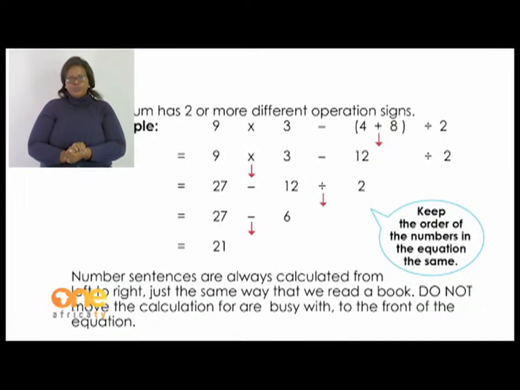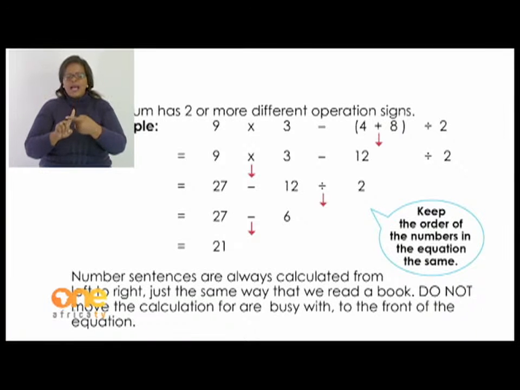So what is the first operation that we'll do? According to BODMAS, we first find whether in the sum there are brackets. So the first operation we will do will be the operation in brackets. What do we have in brackets? 4 plus 8.